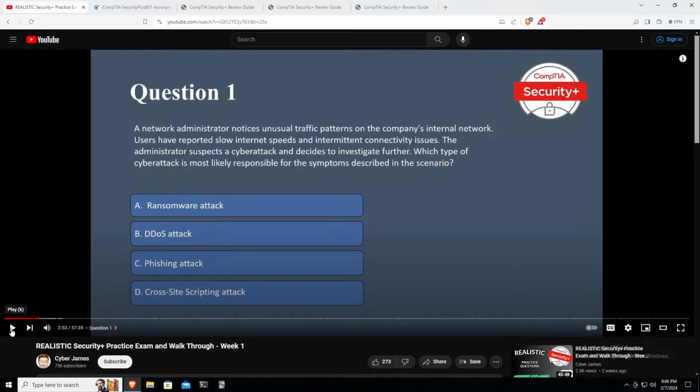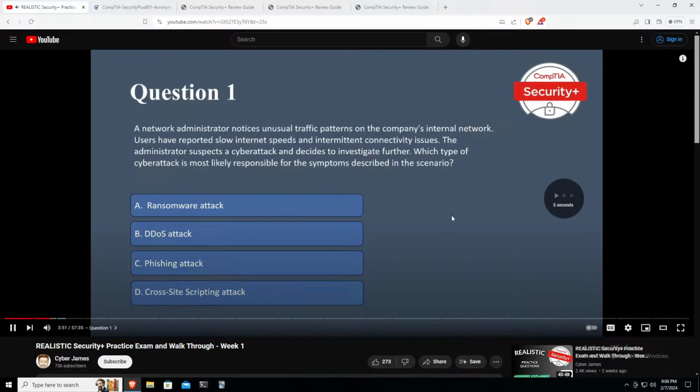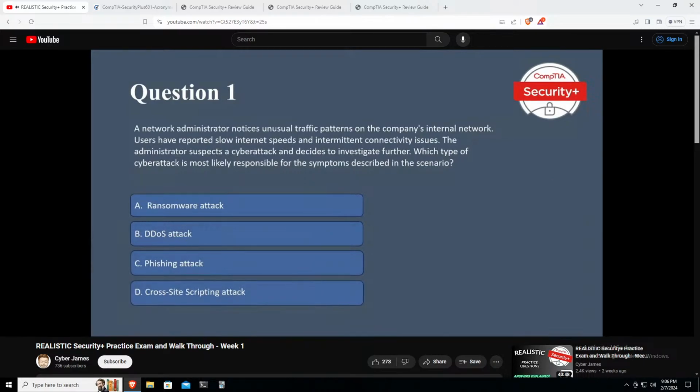Let's see if we're right. We have A, ransomware attack, B, DDoS attack. There's nothing in the scenario for the attack on the company's internal network, and users have reported slow internet speeds and intermittent connectivity. It's going to be something that's continuously happening, and it will definitely slow internet speeds.